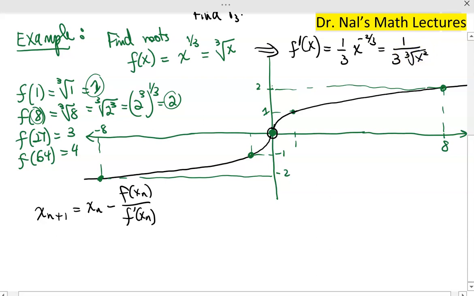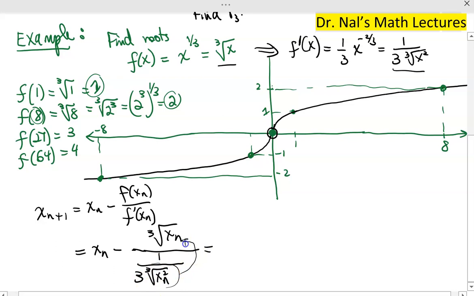All right, so if you substitute into our expression, that will give us the desired recursion formula. So f of x n, just substitute x n into the original expression. So it's just the cubic root of x n here. And then in the denominator, we will substitute over here, so 1 all divided by 3 cubic root of x sub n squared. Now something interesting happens when you work out the math. We can move that up to the numerator after some cancellations.